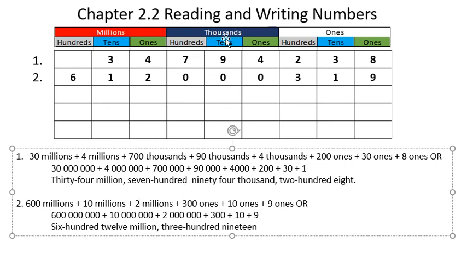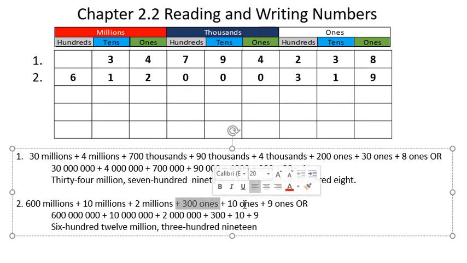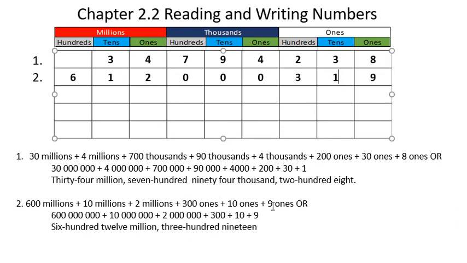However, we don't have any numbers in the thousands. We have 0 100,000s, 0 10,000s, and 0 1,000s. So that brings us to 300 ones, and that's written right here. The zeros have been skipped. Here we have 10 ones. This 1 means 10 ones. And we have 9 ones right here.